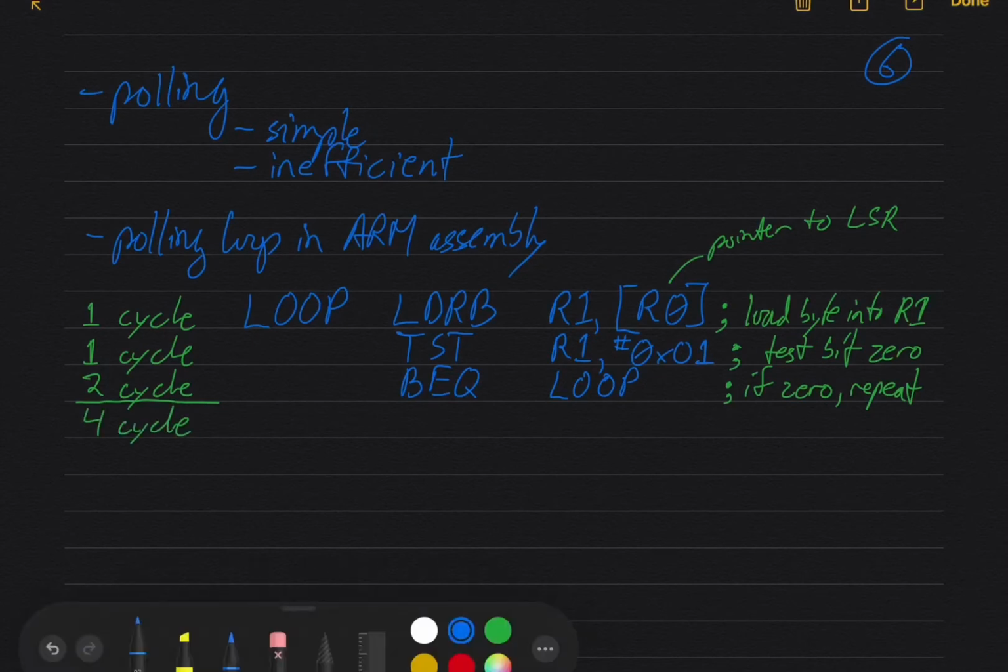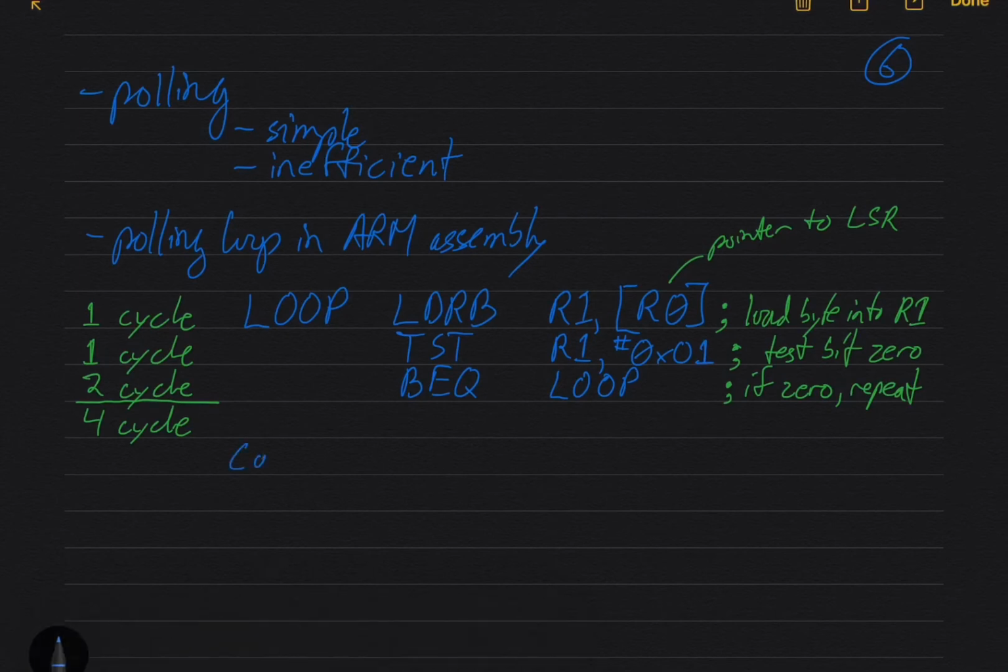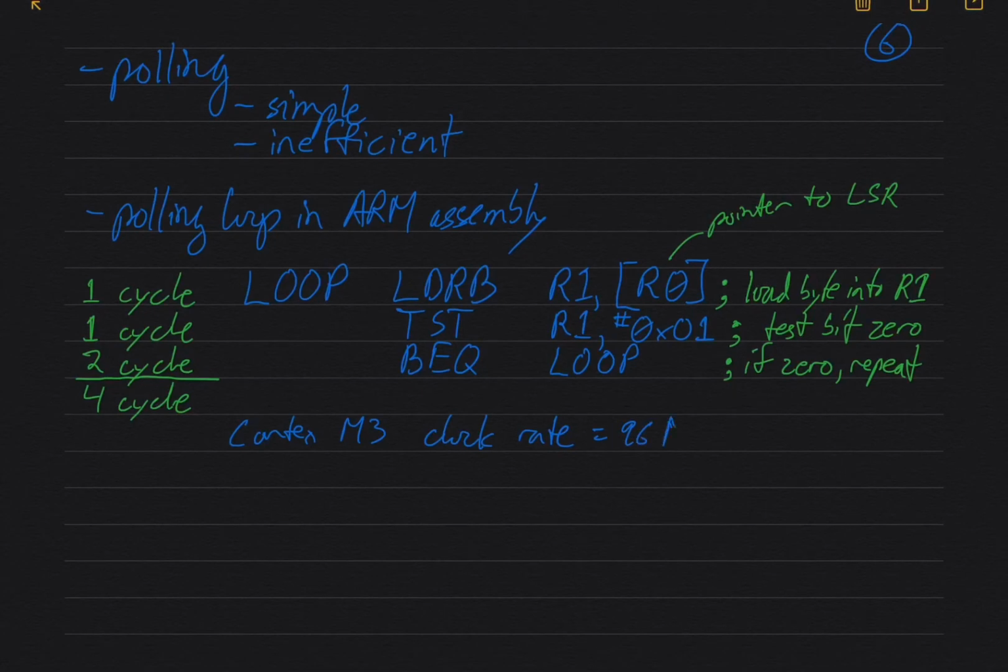The Cortex-M3 clock rate is 96 megahertz, 96 million cycles per second.